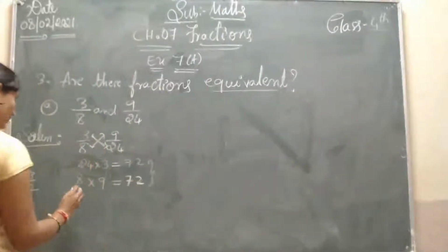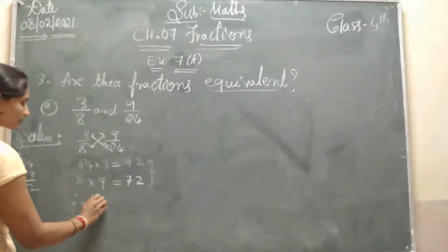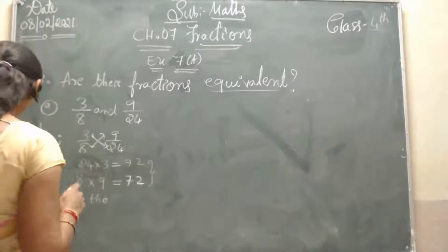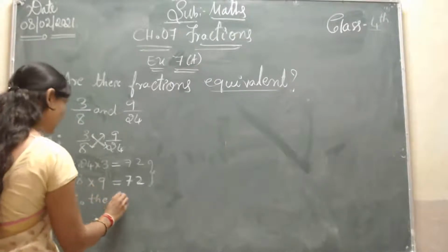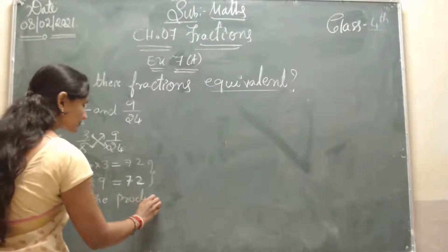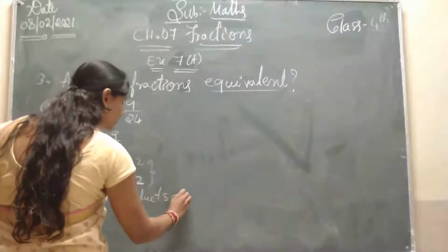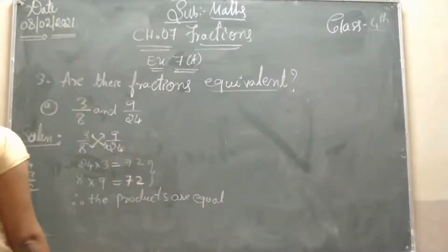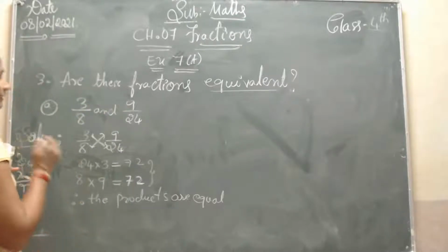Therefore the products are equal, so these are equivalent fractions. Sometimes the fractions are not equivalent, and then the products will not be equal, so we write that they are not equivalent fractions.